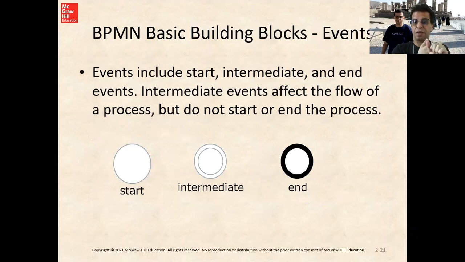The intermediate event affects the flow of the process, but does not start or end the process. So it is altered and affects the end, but it doesn't start itself. So the start is needed to start and then it moves on. The intermediate takes care of it, and then there is some end happening. So there are three: the start, the intermediate, and the end.